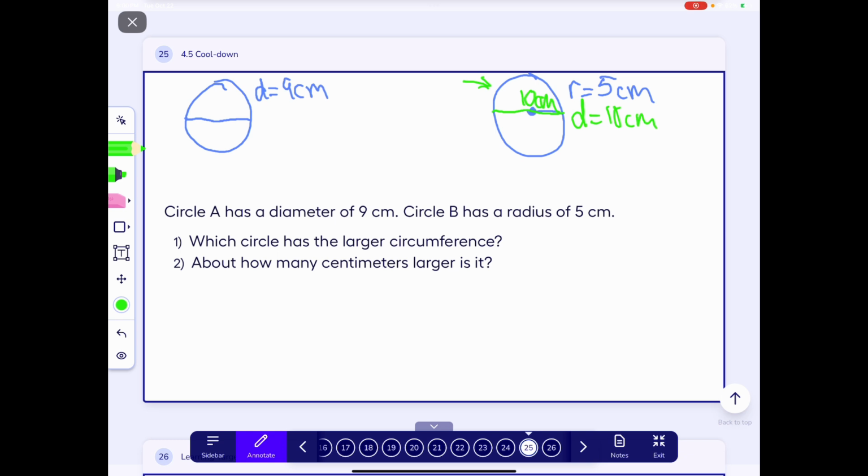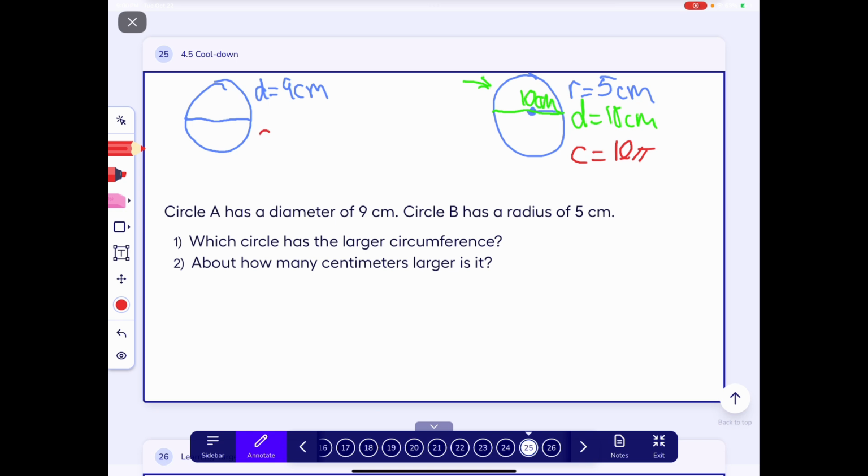So you can now calculate the circumference of each one. The circumference of the one on the right, I'm going to use red, is 10 pi.